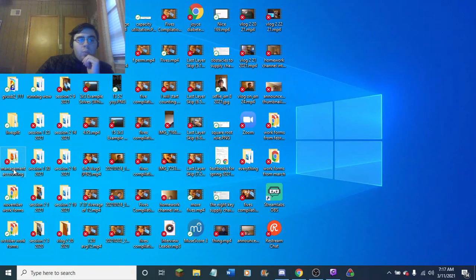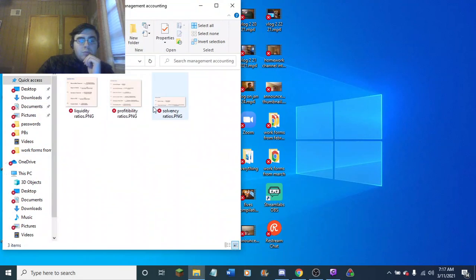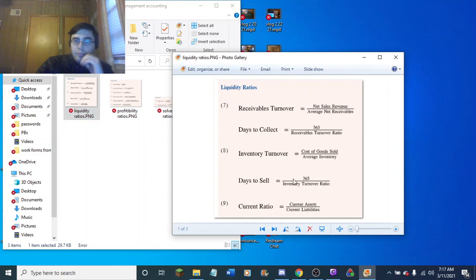Oh. Cost of goods sold divided by average inventory, and then 365 divided by that.